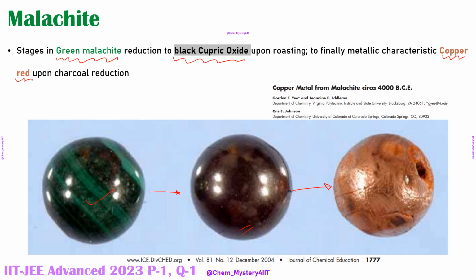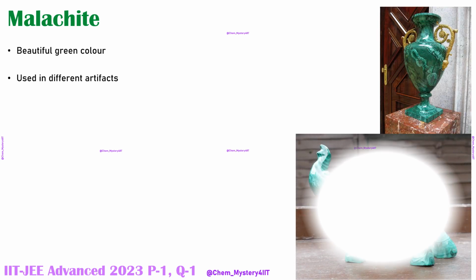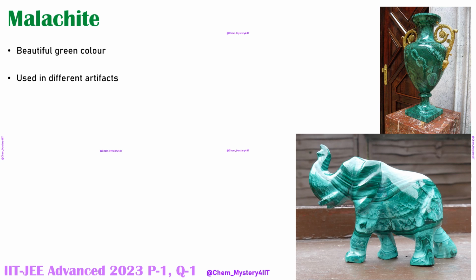So this method of reduction of malachite to copper has been known from a very, very long time. Around 4000 BC, these processes were known to people in different places. Going further, we have the very beautiful green color of malachite, which has been used in different artifacts like flower vases and this beautiful green colored elephant carved differently.